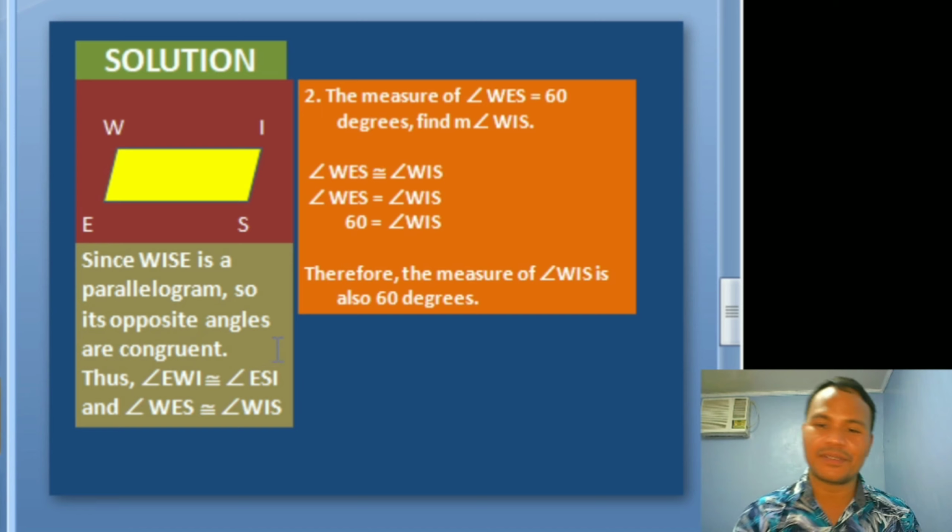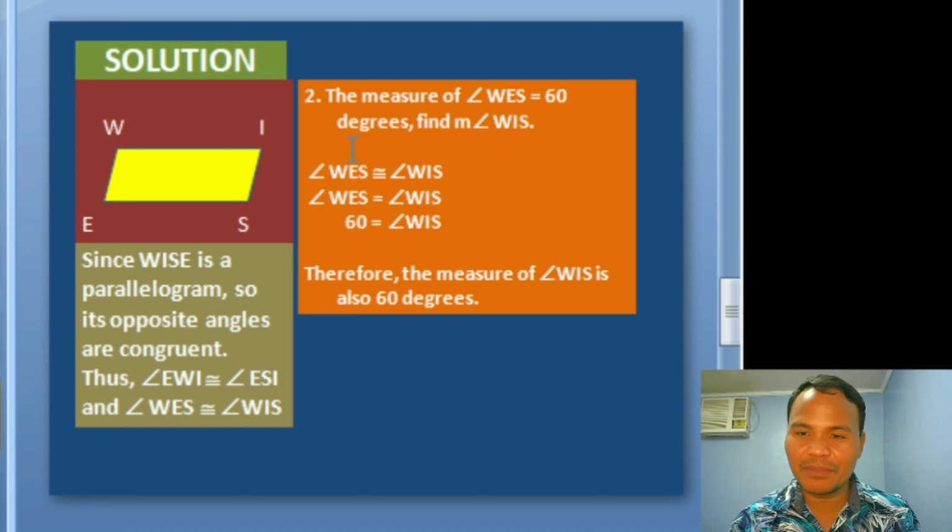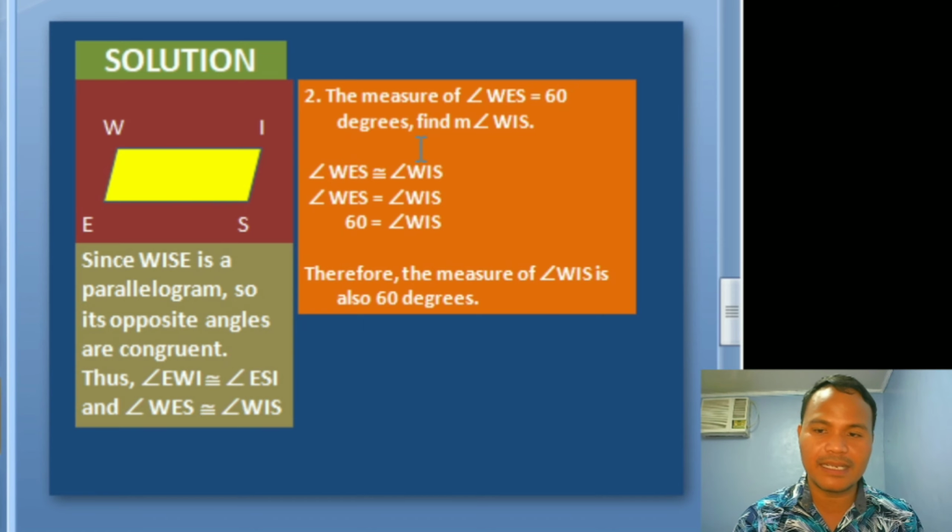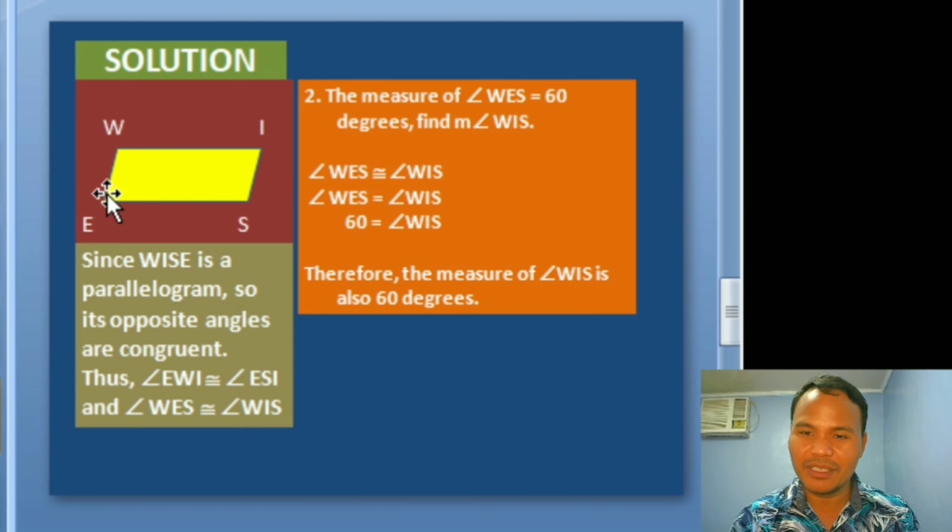For number 2, the given problem is that the measure of angle WES is equal to 60 degrees. Find the measure of angle WIS. The relationship between these two angles, angle WES and angle WIS, is that they are opposite angles.